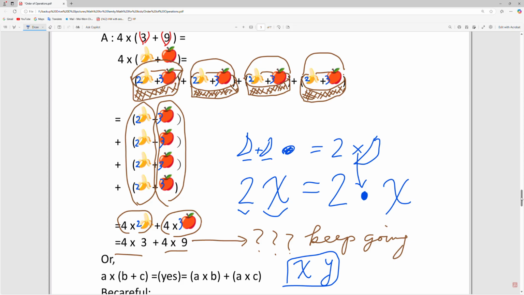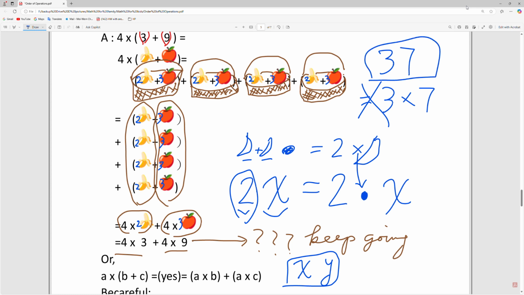Okay? Now you say, teacher, 37. Do you mean it's 3 times 7? No. I mean either one number before 1 letter or 2 letters. If you have 2 numbers together, it's 1 number. Okay? It's only 1 number, you just follow 30 plus 7.